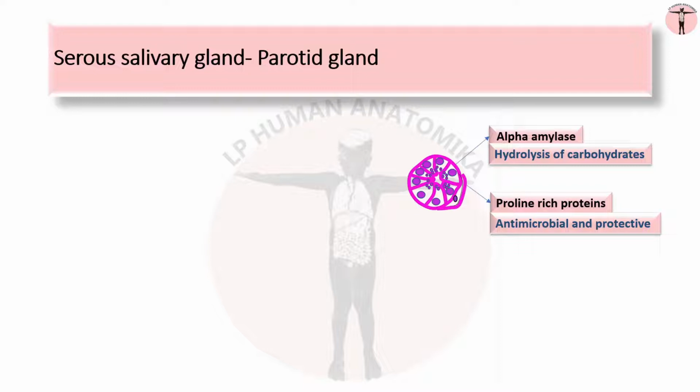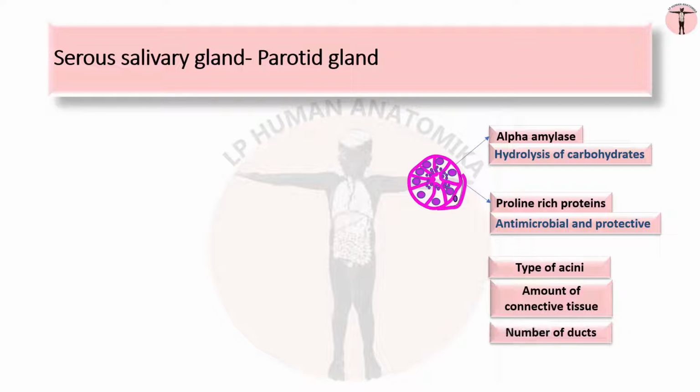In specific features of the histological section of the gland, we are looking into type of acini, whether serous or mucous, amount of connective tissue if it is abundant or less, and number of ducts, whether it is more or less in number. If the duct is longer, more number of ducts can be observed.